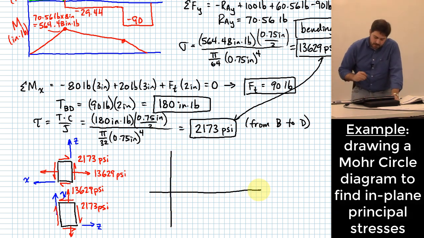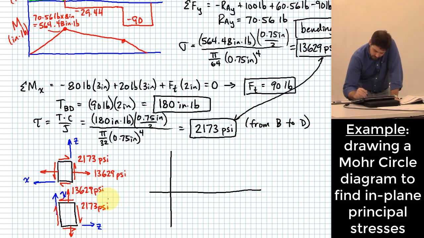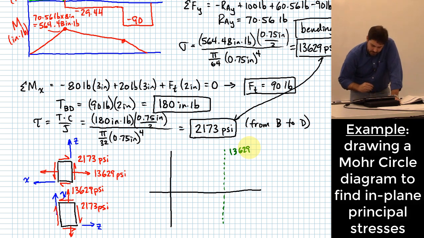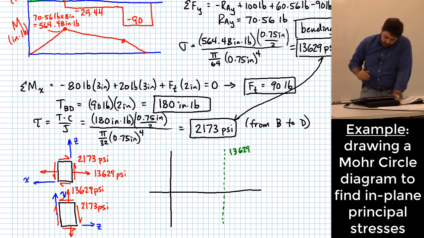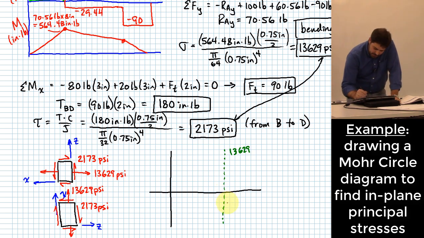I get it right. What does Mohr circle look like? I will plot over here 13,629. And on that, where would I plot my shearing stress on that line?